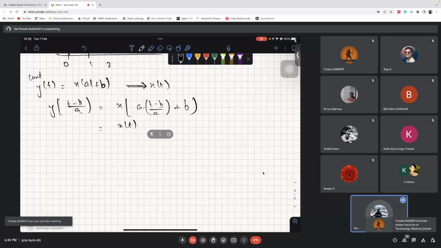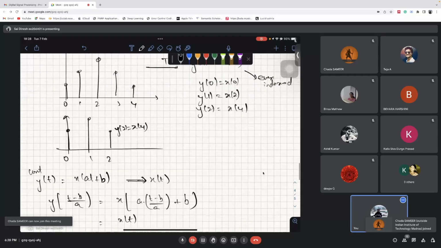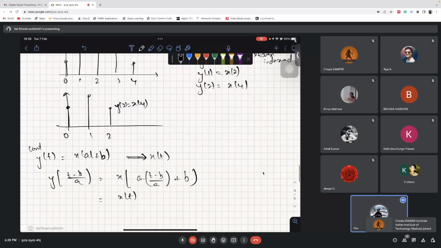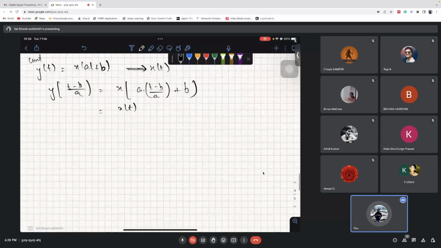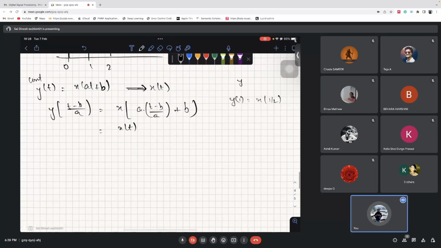Here we are completely discarding these samples, so it is a compression that we are doing, and we are completely losing the samples. So this operation cannot be undone, right? If we have y of n is equal to x of n by 2, for example, this is another scaling.